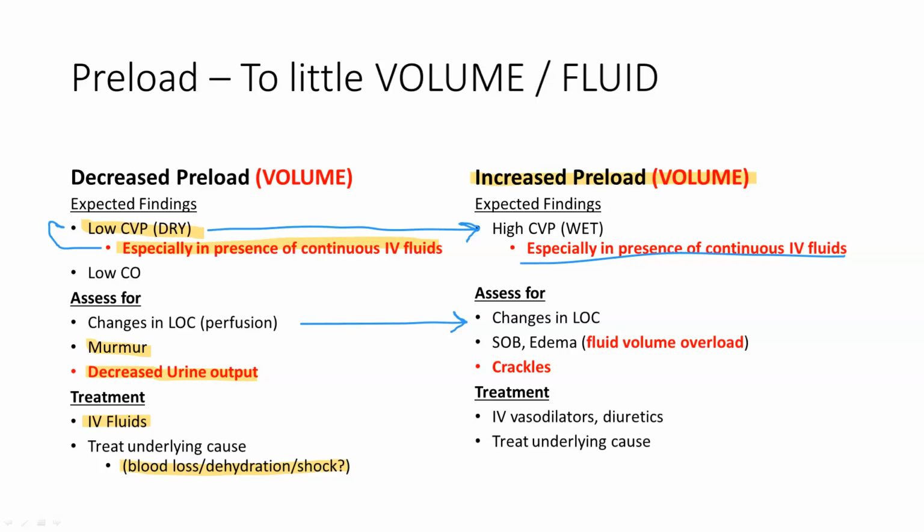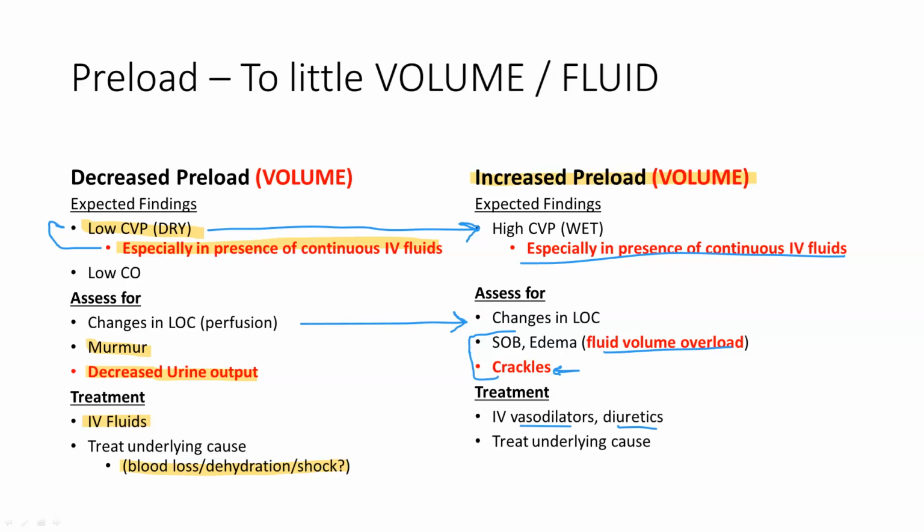You still assess for the same changes, but now we're going to make them about shortness of breath, edema, fluid volume overload. So where is that fluid going to go back up to? It's going to back up to the heart, or to the lungs, and then to the body. So the lungs would manifest as crackles. Treatments, pretty much we're going to use things to decrease preload, decrease afterload. And there I see my vasodilators, and I see diuretics.